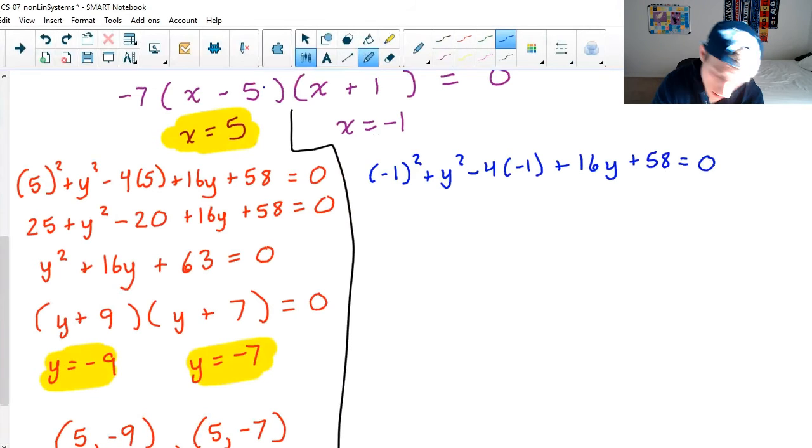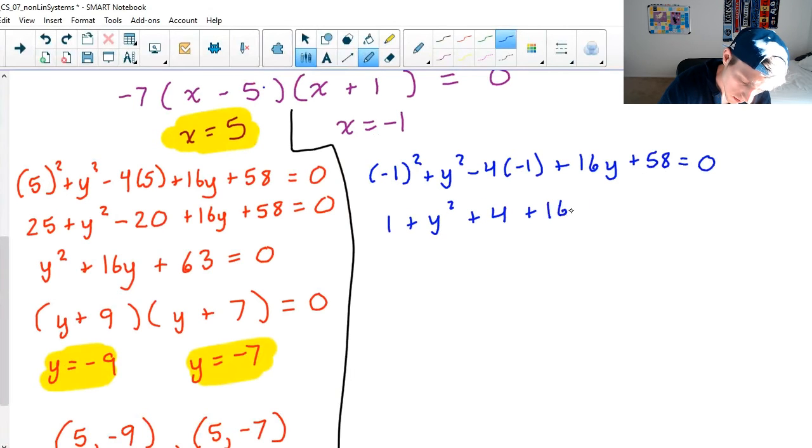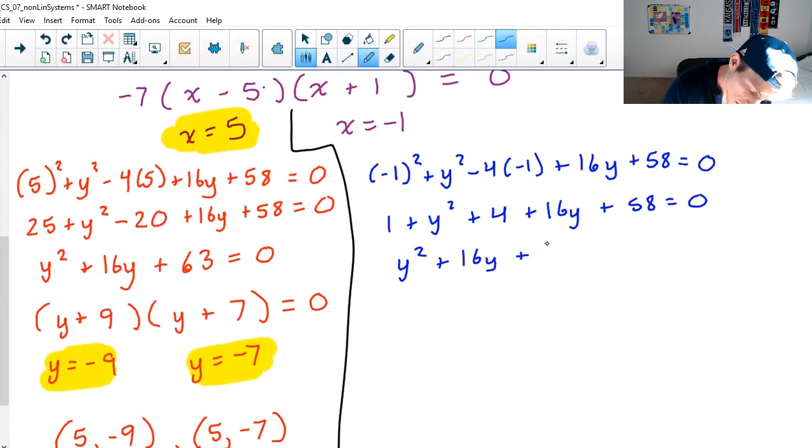Do some simplifying. 1 plus 4 plus y squared plus 16y. 1 plus 4 is 5. 5 plus 58 is 63.